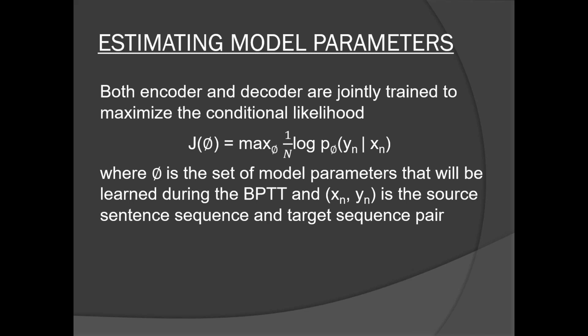So J of phi would be max of 1 by N log of probability of y of n given the sentence which needs to be translated, and it uses BPTT for reducing the errors, and so we obtain the source sentence and target sentence pairs.